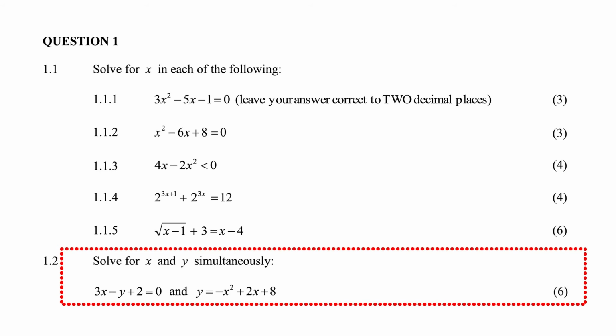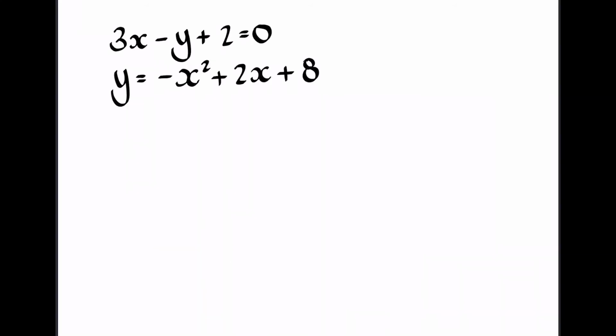So now we have two equations. Now the first point of simultaneous equations is that there needs to be an isolated variable. In this case, once I've written it out, I can actually see that we do have an isolated variable already. So I'm just going to label my equations. I have equation number 1 and I have equation number 2.